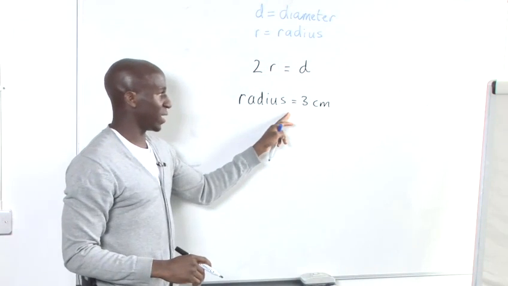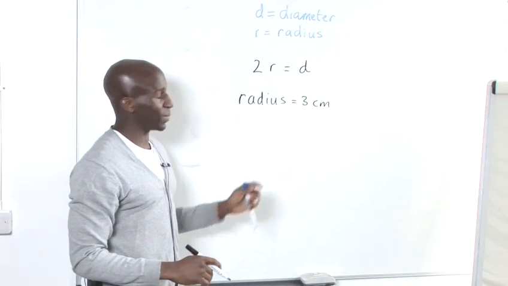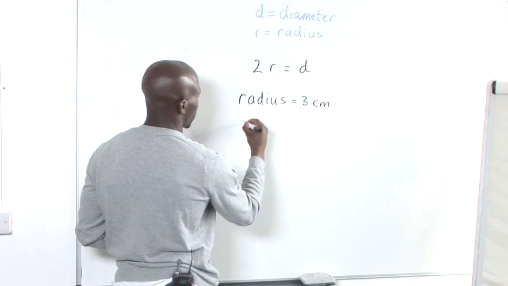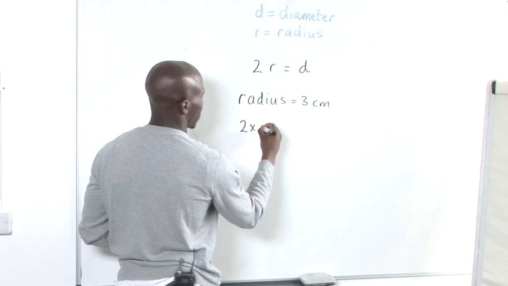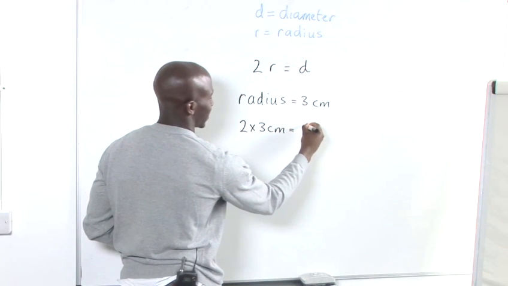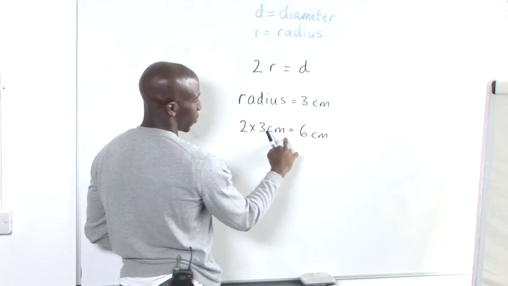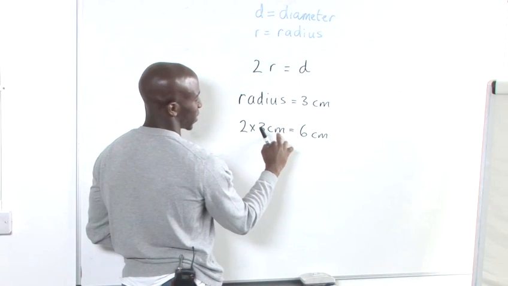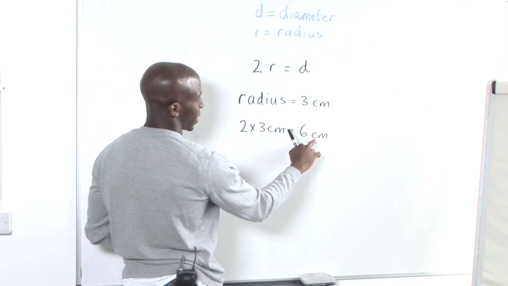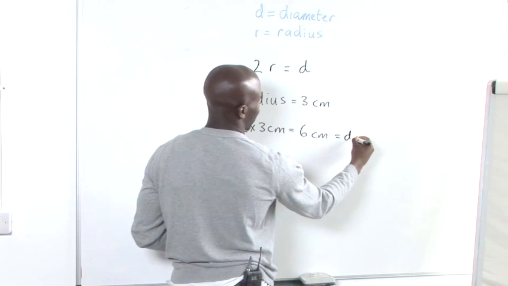That would imply that we would need to use this equation to calculate the diameter. So we say 2 times 3 centimeters equals 6 centimeters. And remember, we use the units of centimeters because our radius is in centimeters. So this equals our diameter.